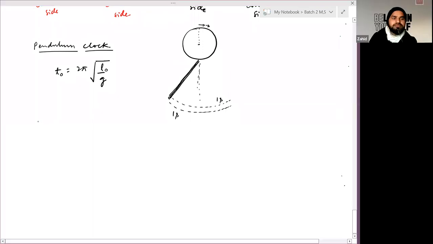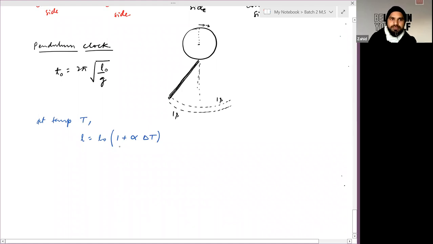Suppose at temperature T, length of pendulum will become L naught (1 plus alpha delta T), where alpha is coefficient of or temperature coefficient of linear expansion and delta T is change in temperature. So final length of this pendulum will become this.